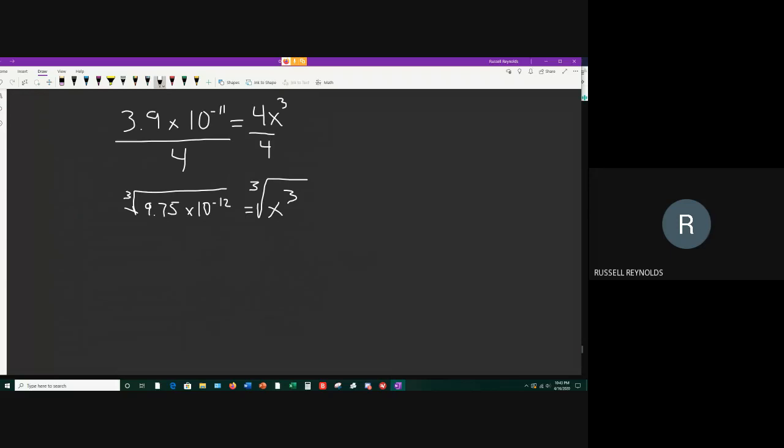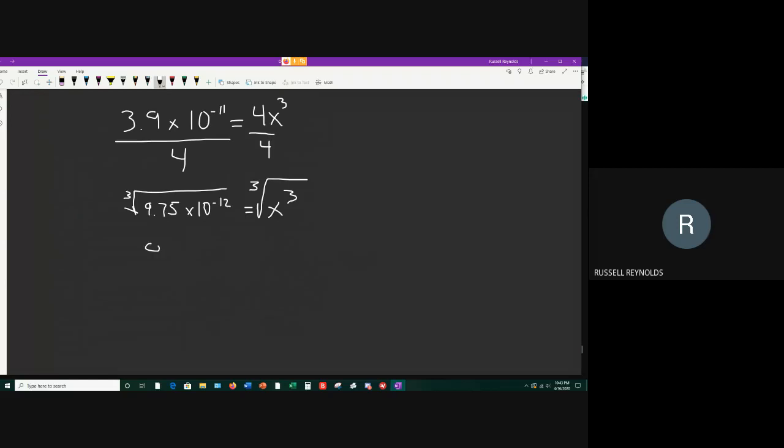So take the cube root of x cubed, and then take the cube root of this 9.75 times 10 to the negative 12. If you don't have a graphing calculator or a calculator that can do cube roots, you'll want to put it to the 1/3 power.